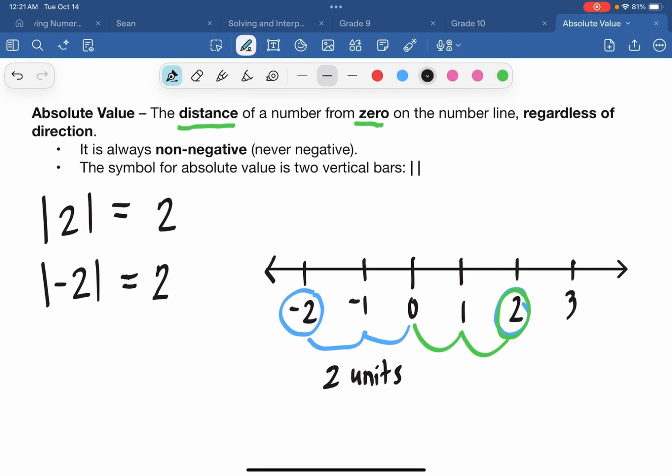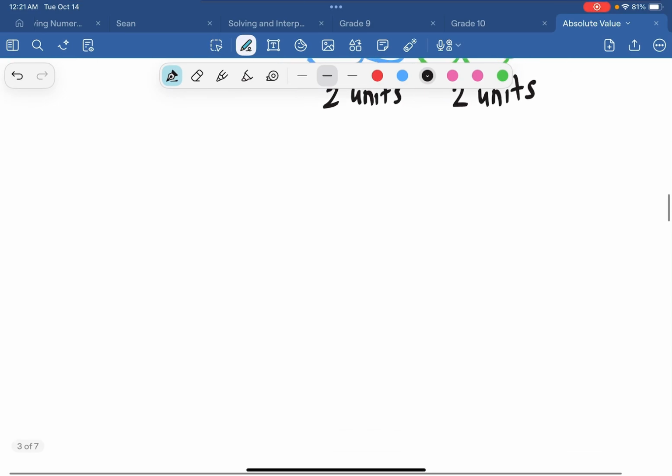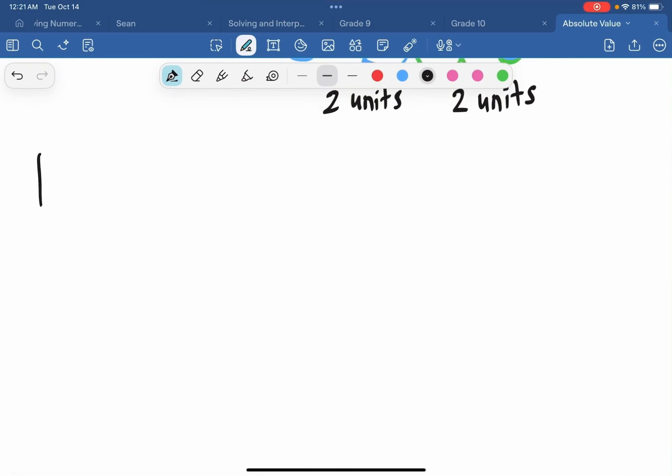So also 2 units. So that means if you also write here, if you have the absolute value of 5 and also the absolute value of -5, we get both the same answers, both positive numbers, or +5.